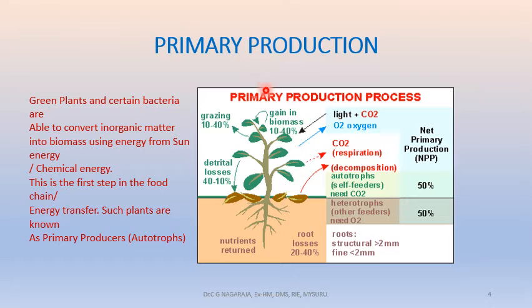Now that activity is taken care of only by one group in the ecosystem, that is the green plants. Only green plants can do the production of the food material. So here I have just written, I'll read it for you. Green plants and certain bacteria are able to convert inorganic matter that is present in the soil as nutrients, absorbed by the roots, and that will all go to the leaves.